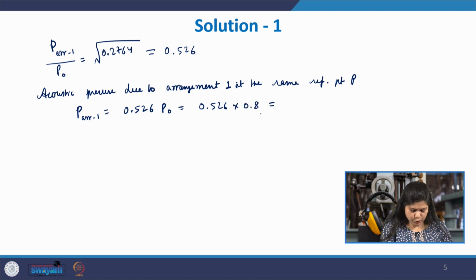So, this comes out to be, if you solve it, 0.42 pascals. So, this becomes our answer for the first thing which we are supposed to find.